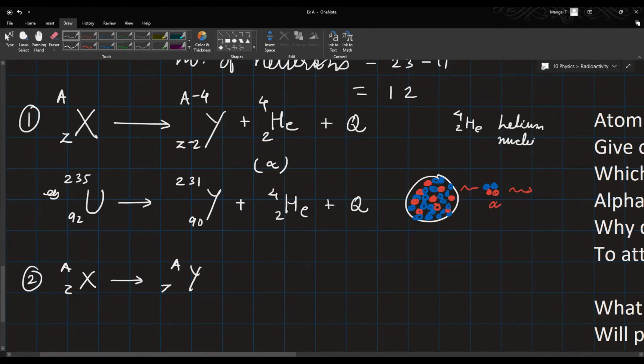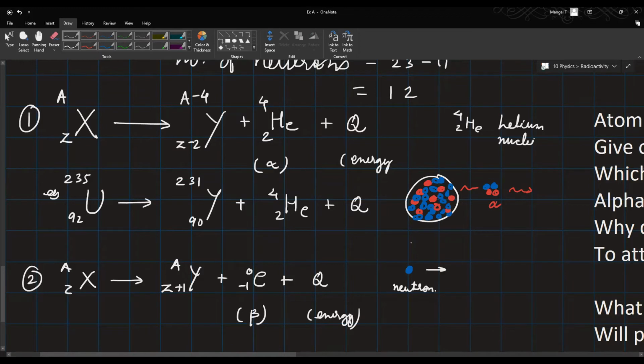Okay. Now this is Z plus 1, and this is energy. When a beta particle is given out, the atomic number increases by 1. Like I told you, this is a neutron.